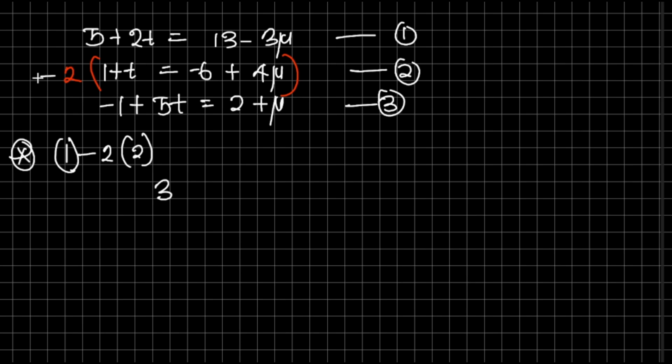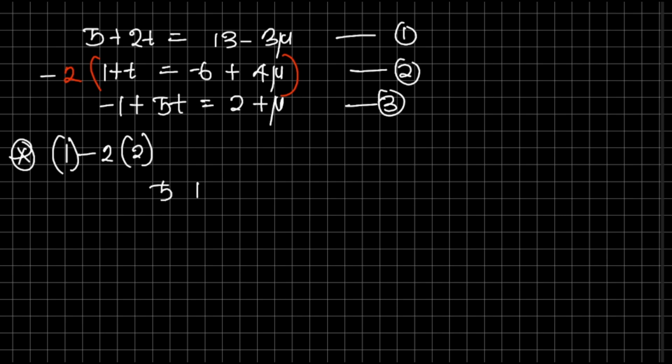Minus times minus is plus. 2 times 6 is 12. 13 plus 12 will be 25. Minus 3 plus 8 will be plus 5. Let me do it very well so that you see what is happening here.